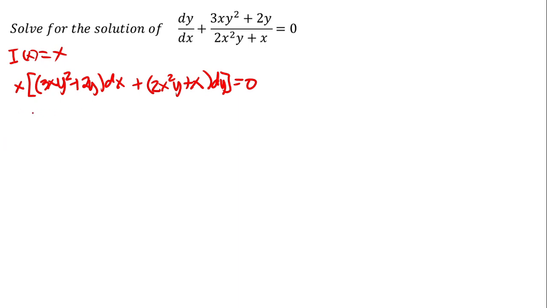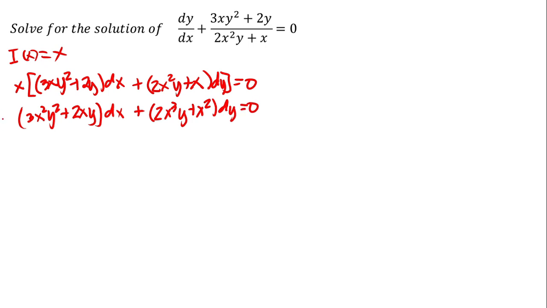So we distribute this x to the entire equation. We have 3x squared y squared plus 2xy dx plus 2x cubed y plus x squared dy equals 0. So this one is our new differential equation after multiplying by our integrating factor.